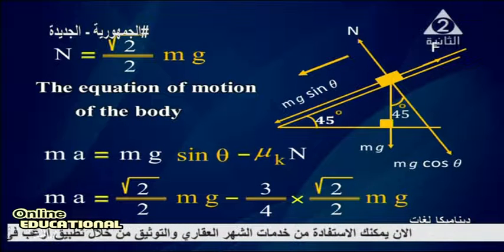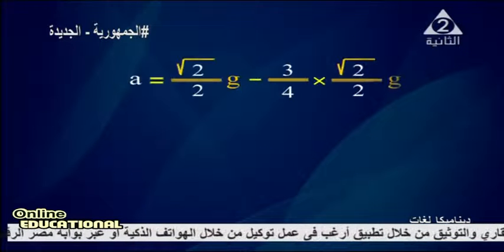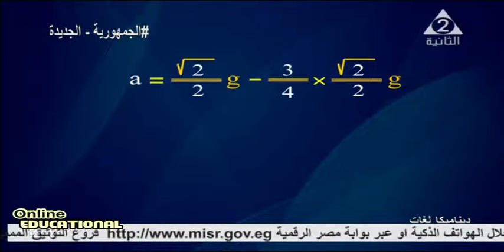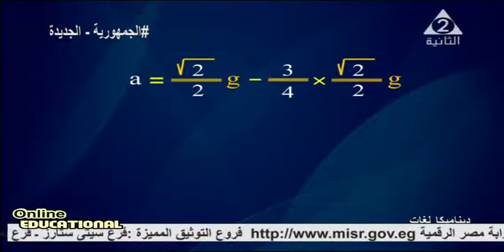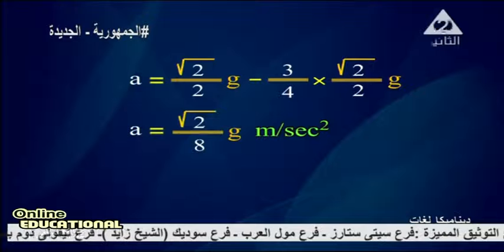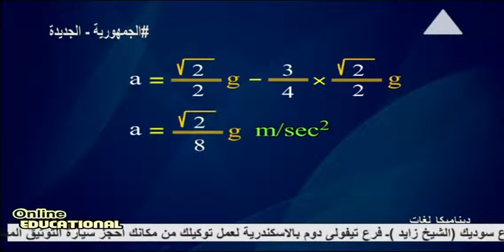We can cancel the m from both sides. Then the acceleration A equals root 2 over 2 g minus 3 over 4 times root 2 over 2 g. Then the acceleration equals root 2 over 8 g meter per second squared.